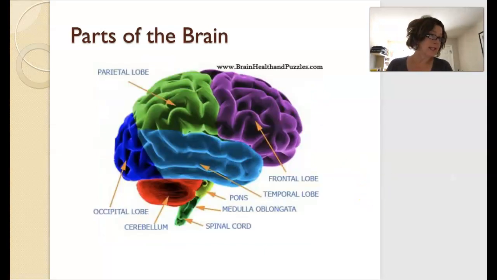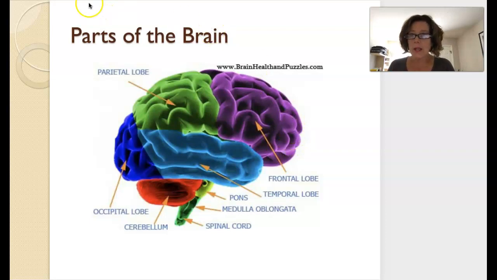Here is a little bit more detailed look at the brain. So there are several lobes in each hemisphere. So you can see frontal lobe, temporal lobe, pons medulla oblongata, cerebellum, occipital lobe, and the parietal lobe in here. So you have these lobes in each of the right and left hemispheres.